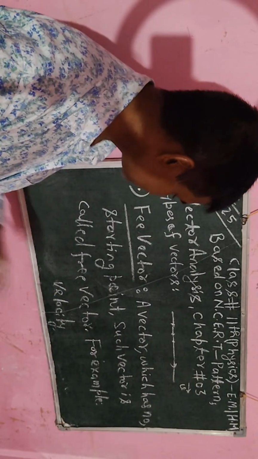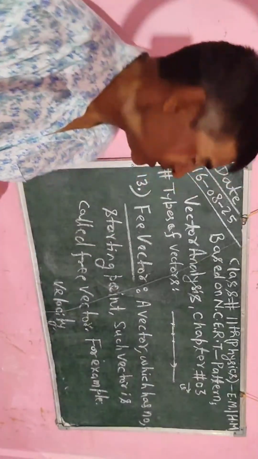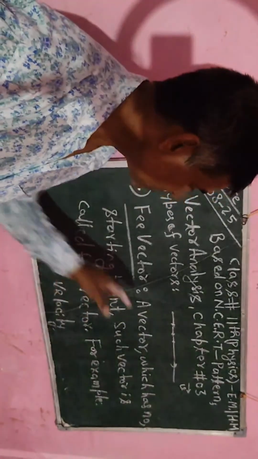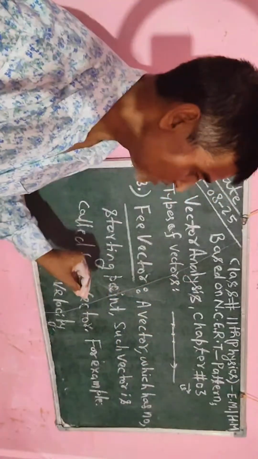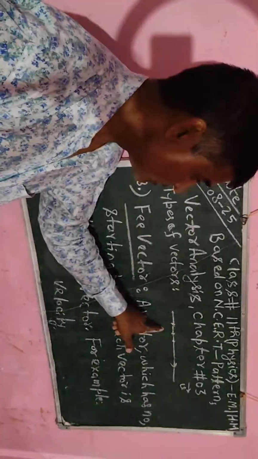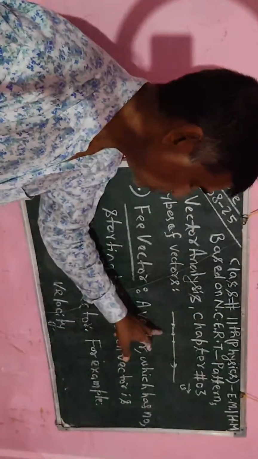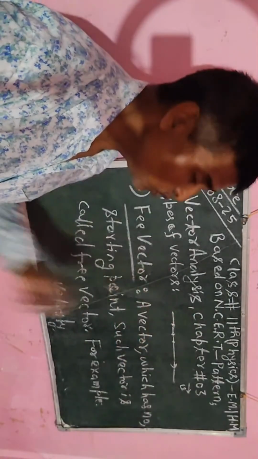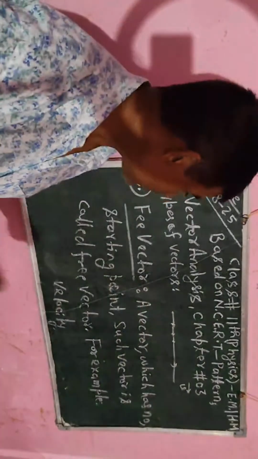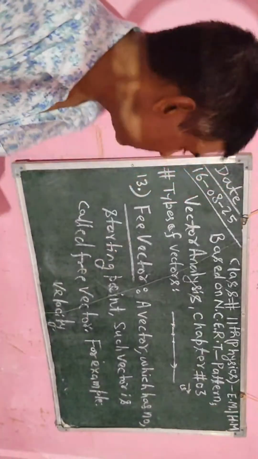For example, velocity: a particle which is starting from 20 km/h has some velocity before the given time interval. At the given time interval I have considered 20 km/h, but before it I will also get some velocities. Therefore, I will say a vector which has no starting point is called a free vector.